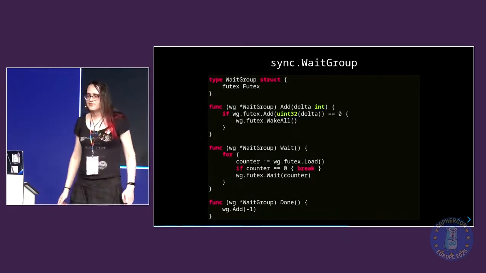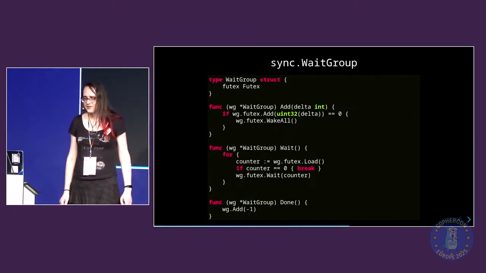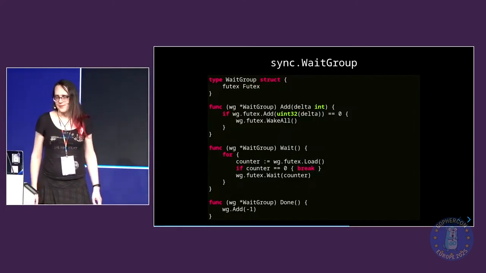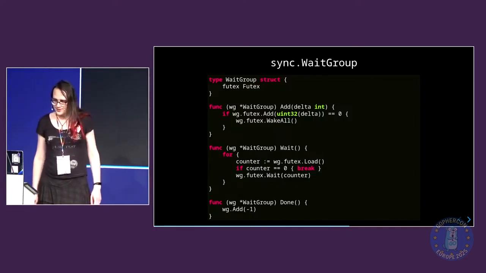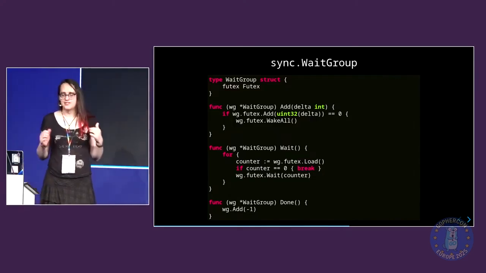To give an example of how this is used, sync.WaitGroup is actually one of the simplest concurrency primitives in Go. Internally, it's basically a counter.